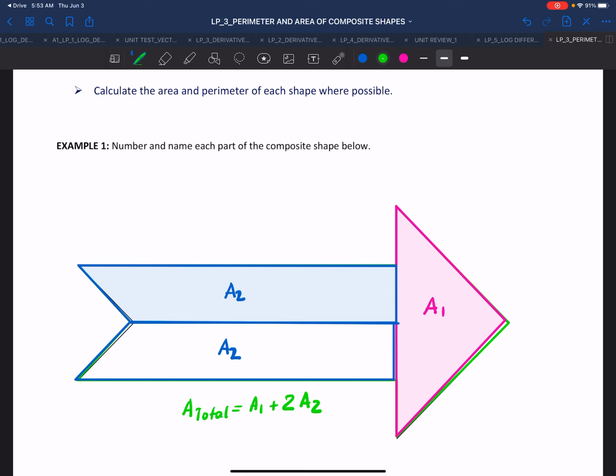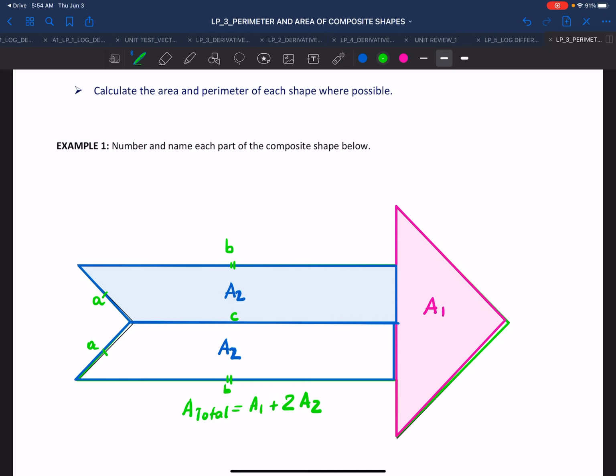We can label them with lowercase letters. So these two are equal, so we're going to call both of them A. These two are equal, and we're going to call them by letter B. And then we have this side C. It's not equal to any other side.